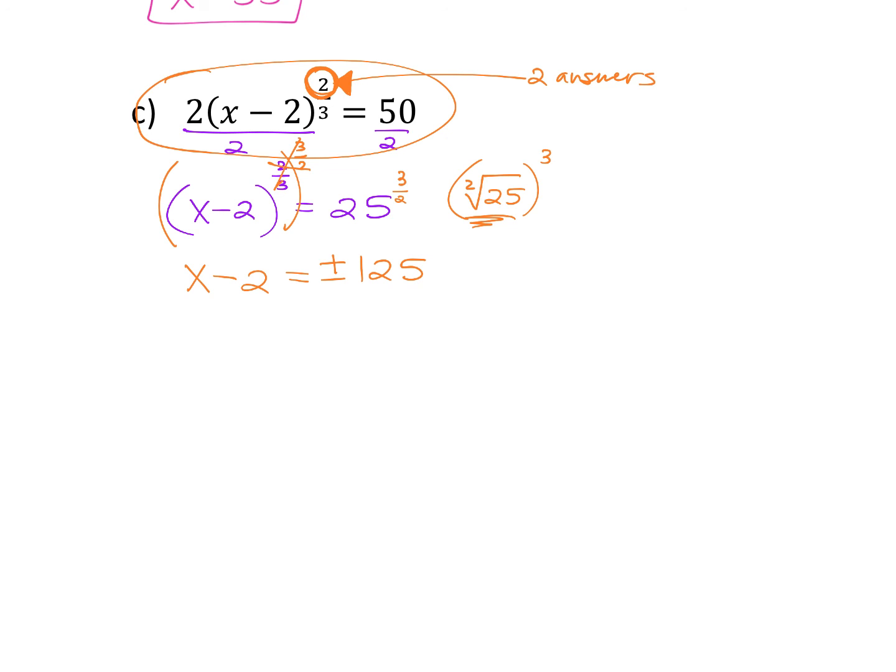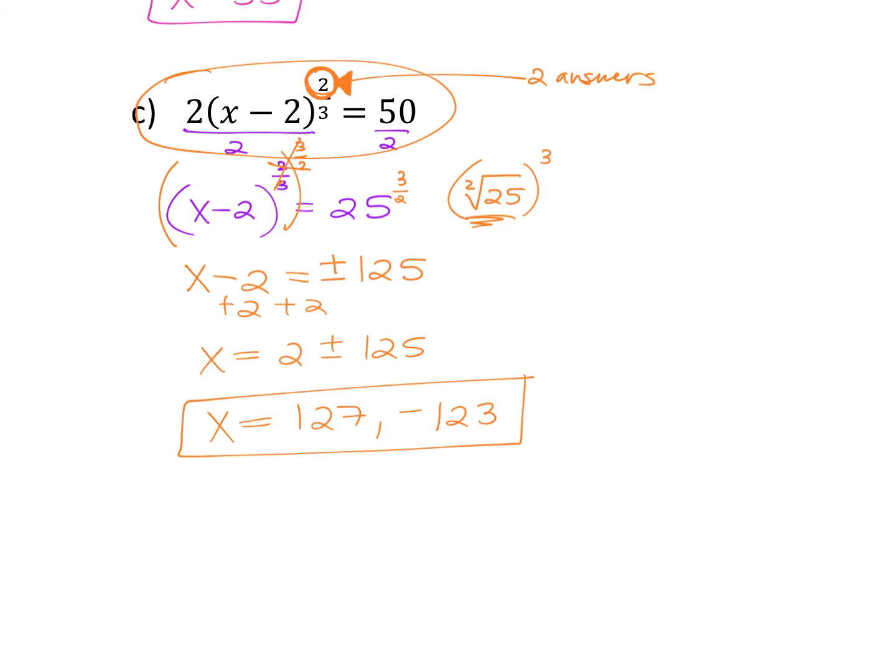So just be careful with that, okay? To finish solving this then, we would say add 2 to both sides. So x equals 2 plus or minus 125. So 2 plus 125 is 127. 2 minus 125 is a negative 123. And that is your answer.